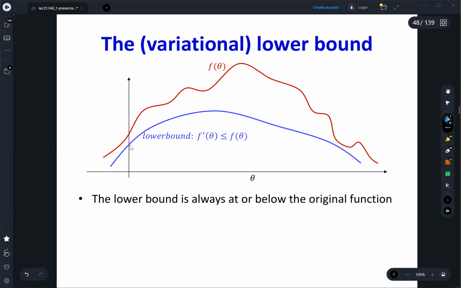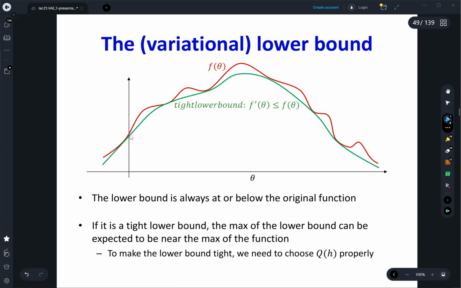So let's consider two thetas. This is one theta and this is the other theta. The lower bound at this theta is greater than the lower bound at this theta. So I have reason to expect that the actual f of theta over here, which is the log likelihood of my data, is also going to be higher than the log likelihood of my data over here. That's an assumption. I have reason to believe that.